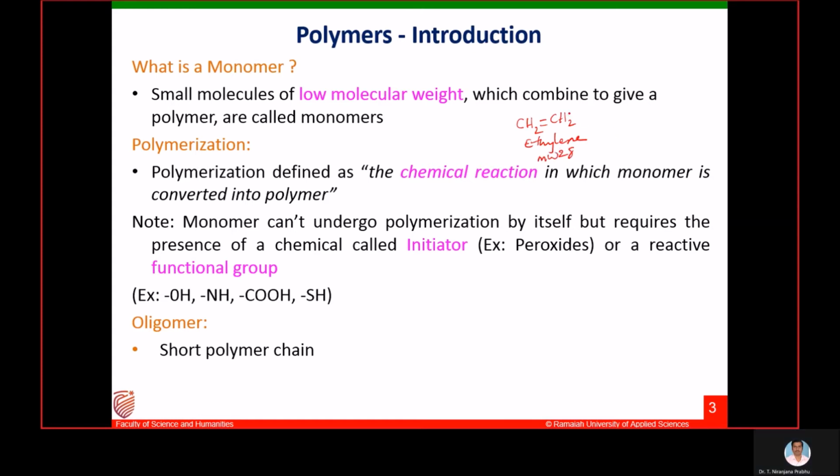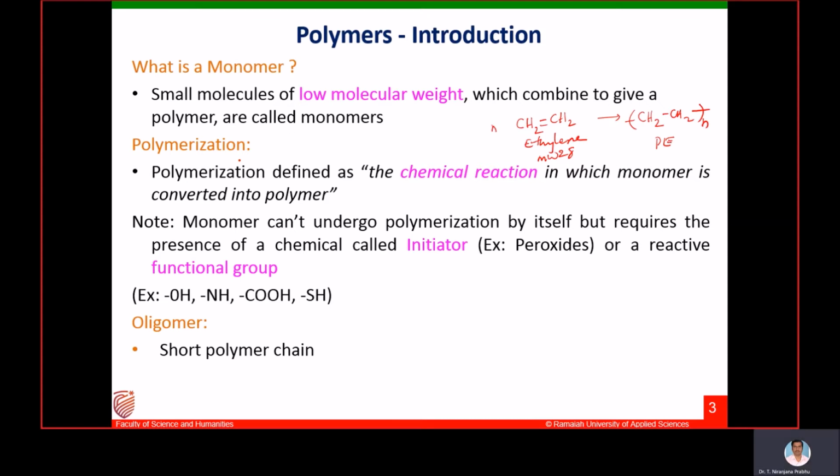So when many ethylene monomers are polymerized, it will give (CH2-CH2) n times, which is polyethylene. Depending on the number of repeating units, the molecular weight varies. Suppose n is equal to 1,000. That means 1,000 repeating units are there in the chain, so the molecular weight is 28,000.